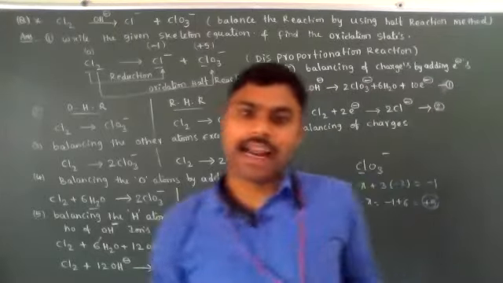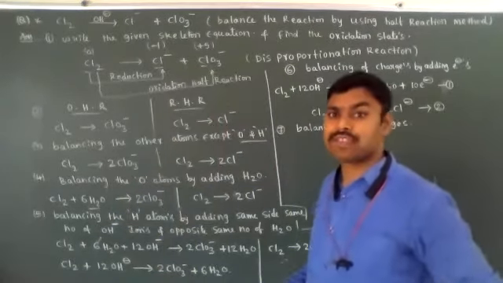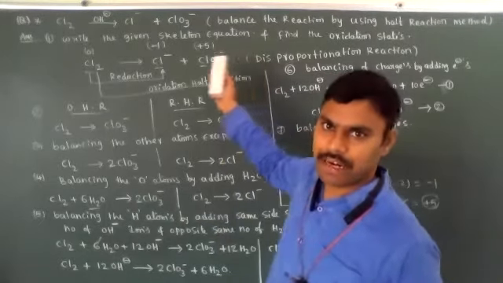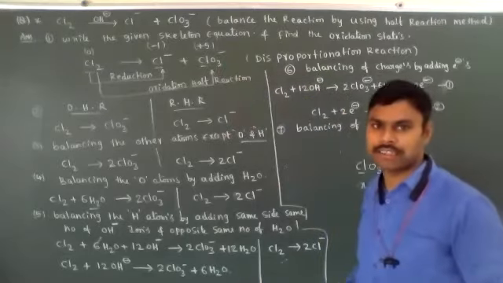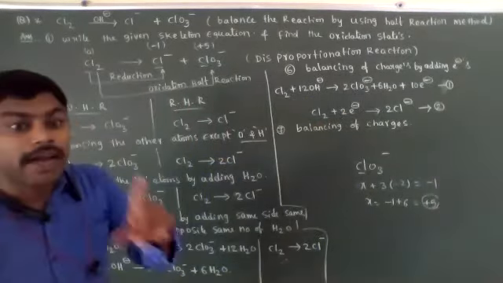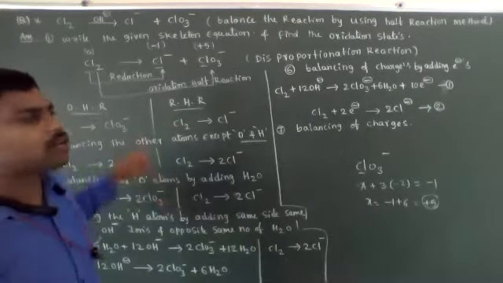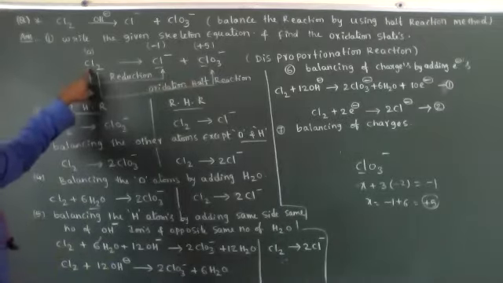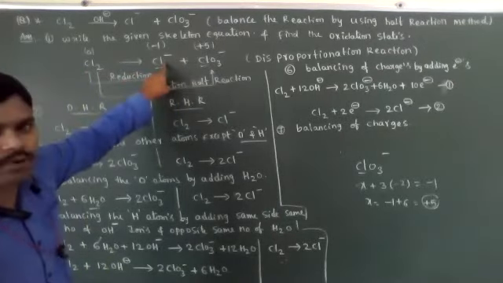Now, last class we already discussed the types of redox reaction. Actually this need not be identified, but just to give an idea, I wrote what type of redox reaction it is. In this redox reaction, one atom in the molecule undergoes both oxidation and reduction, because the chlorine atom itself undergoes oxidation and reduction, both taking place.